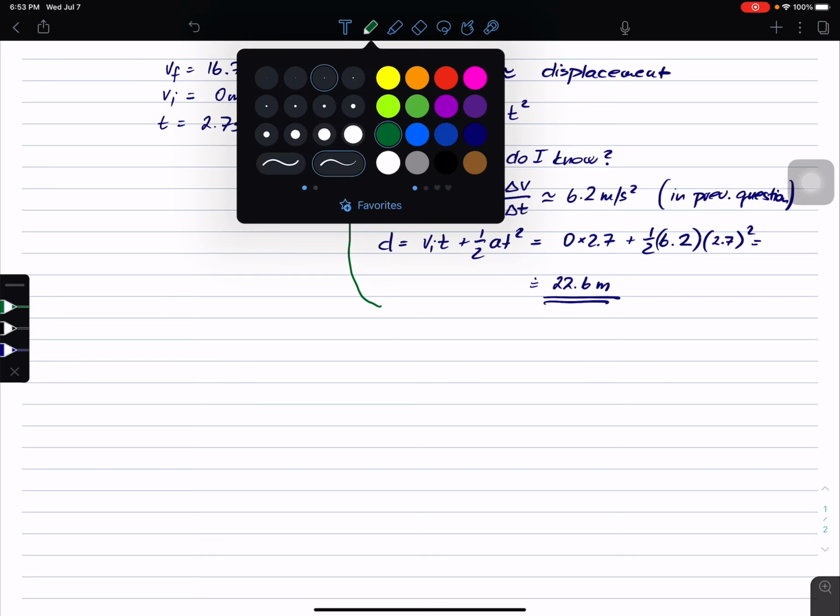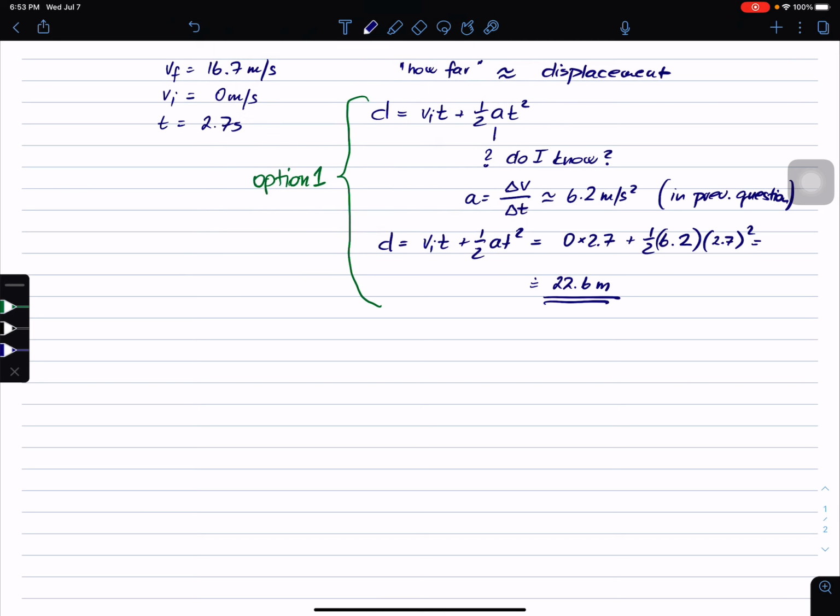Now, somebody may look at this equation and say, well, I know there is another one that gives me initial plus 2ad. Well, in this case, I know my final velocity. I know my initial velocity. Actually, acceleration I would have to again calculate. So could I use this equation? I guess I could.